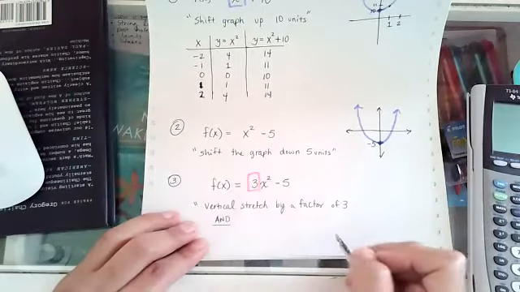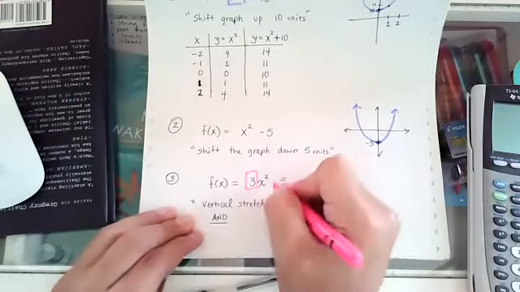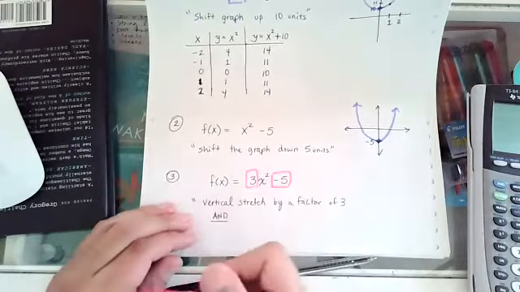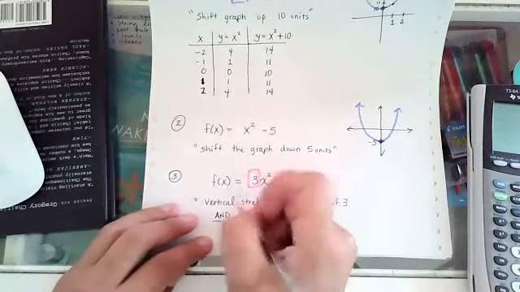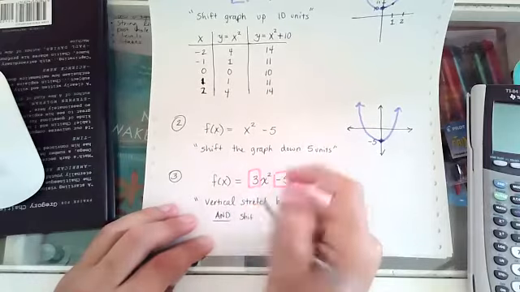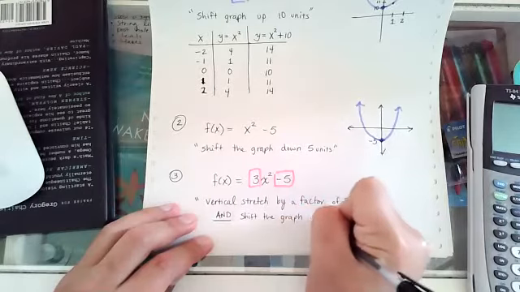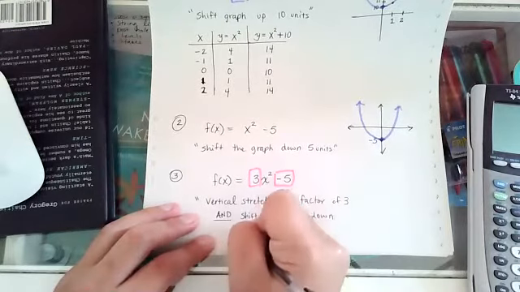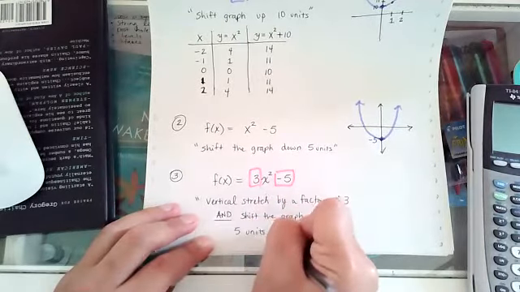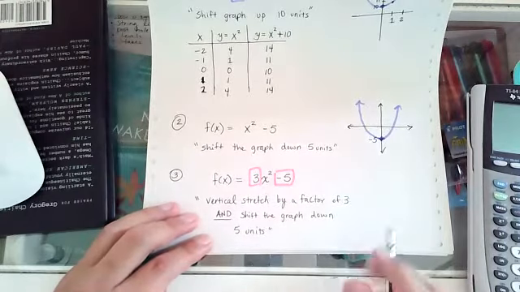And I've subtracted 5, so I'm going to shift the graph down 5 units.